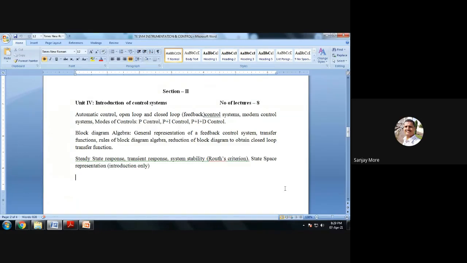So this is the syllabus of the second section, unit number 4, introduction of control system.